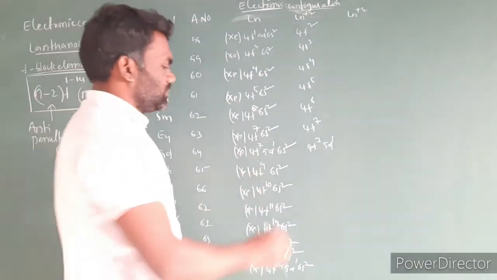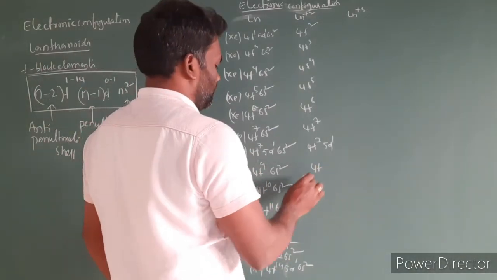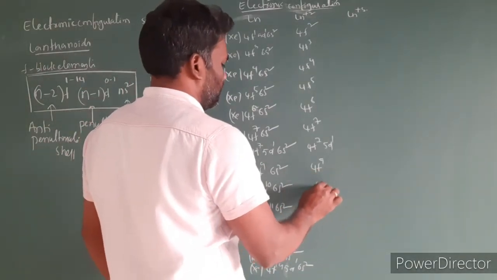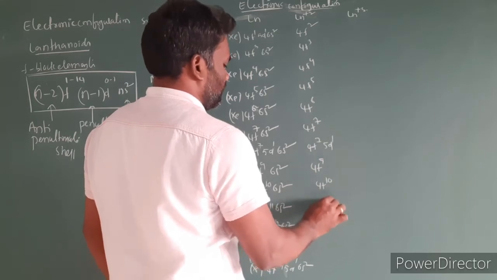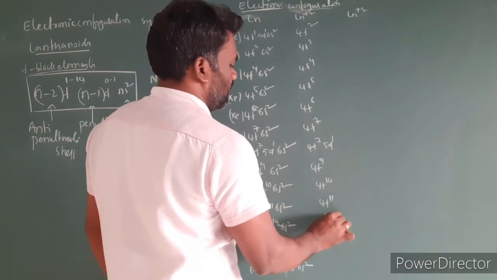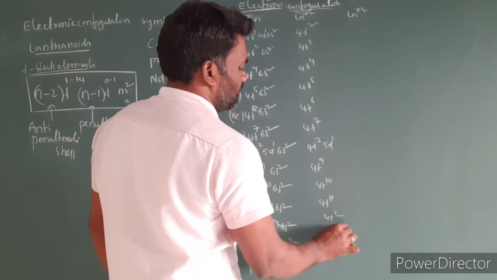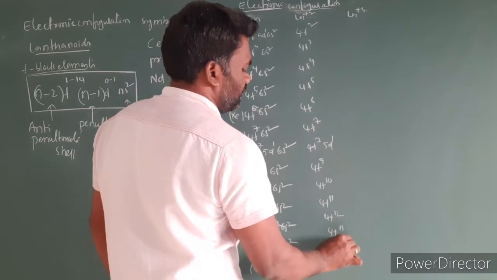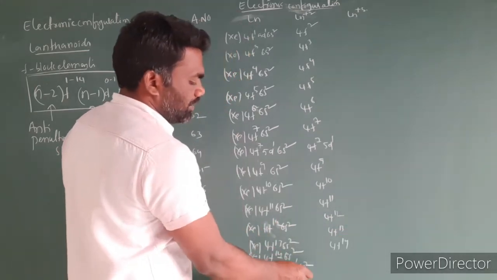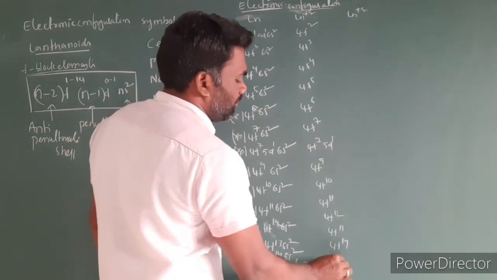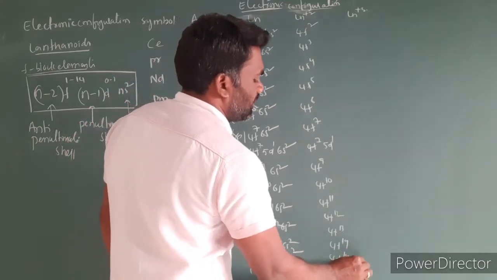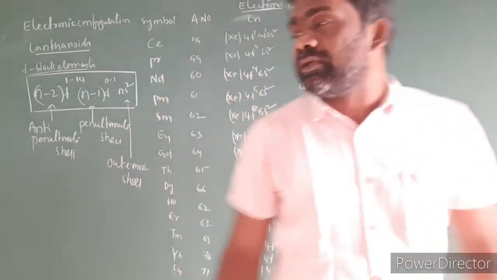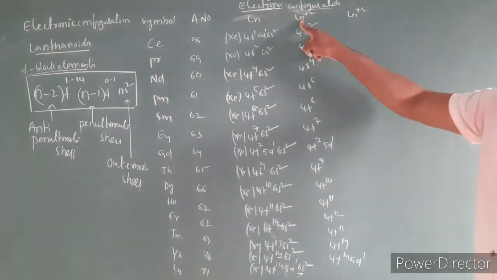Then 4f9, 4f10, 4f11, 4f12, continuing 4f13, and 4f14. Here also we have to remove the 2 electrons remaining. We have 4f14, 5d1. So this is the electron configuration in Ln2+.